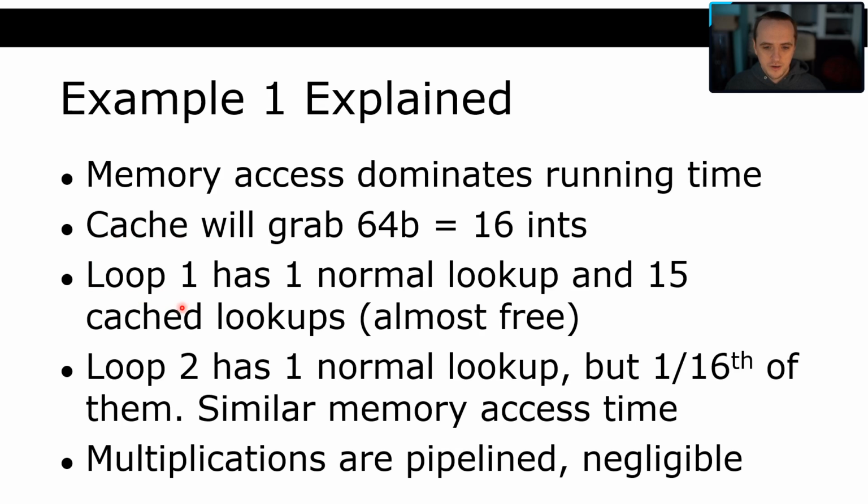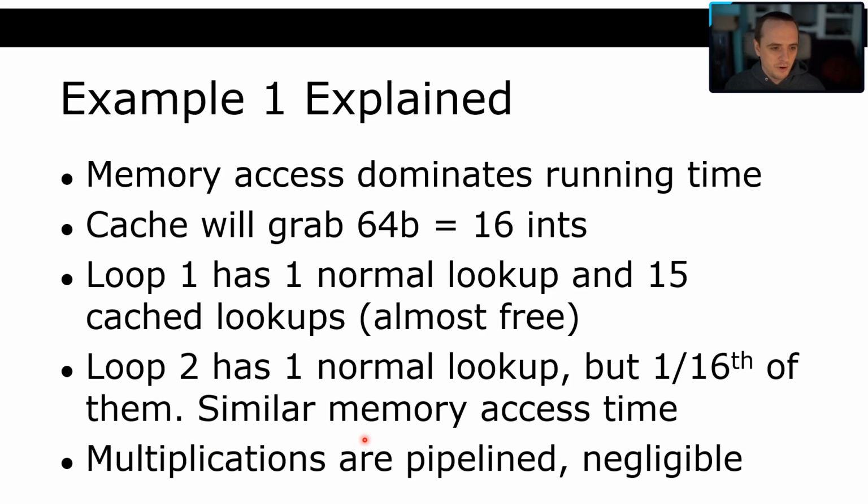So loop 1 has one normal lookup and then 15 cached lookups. And cached lookups, they're basically free. It's like a cycle or two, right? Loop 2 has one normal lookup, but only 1/16 of them. And so it's a similar memory access time. And it turns out that these multiplications are pipelined.